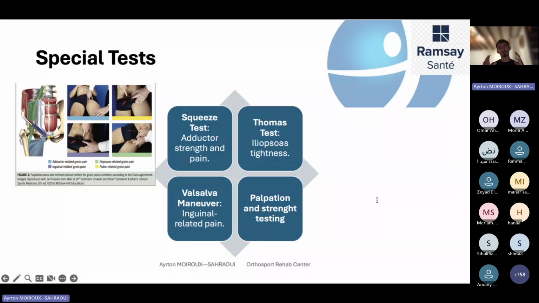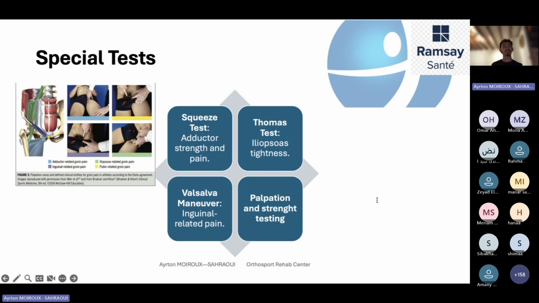Okay, if with the history of what my patient is telling me, I think that's adductor related, like we talked about from the Doha Agreement of 2015, then I will do the squeeze test. Okay, is it positive? Yes or no? Yes, by pain, or noticeable weakness in the adductors? No, no pain, no weakness.